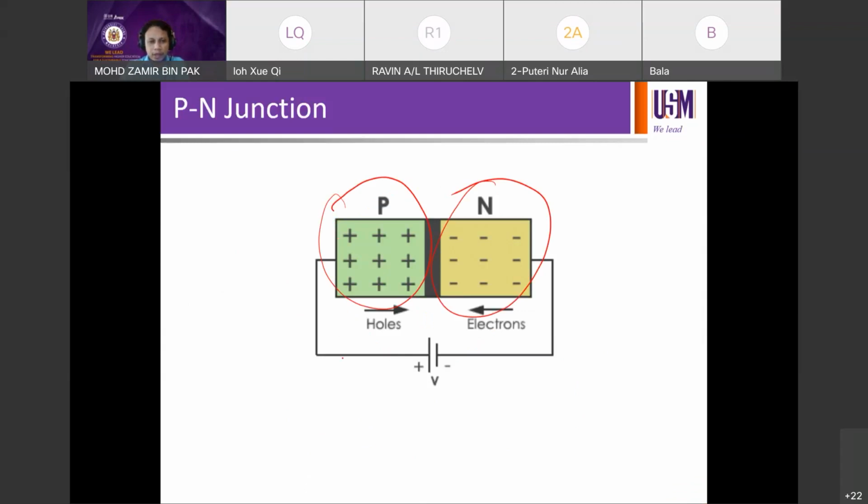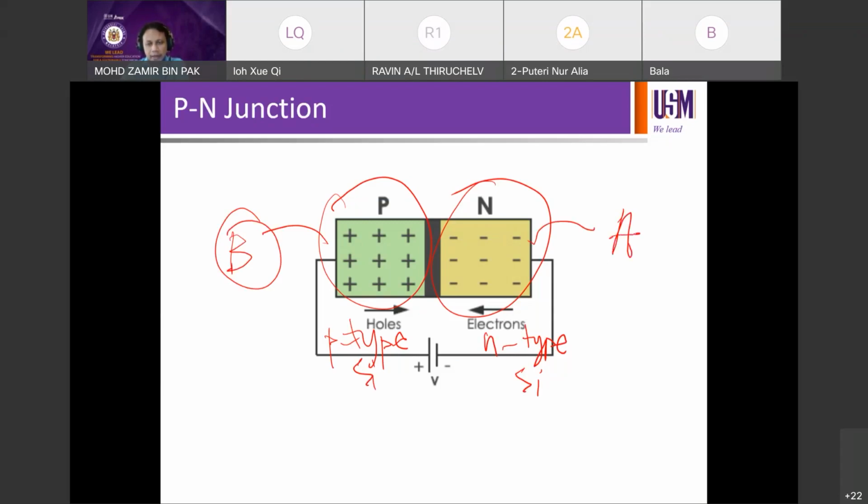For example, the easiest one would be p-type silicon combined with n-type silicon. This p-type silicon is probably doped by boron, and this n-type silicon is probably doped by, say, phosphorus.